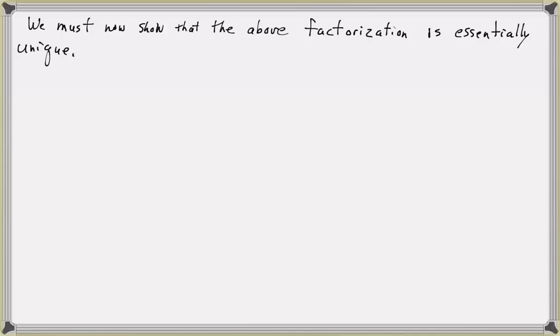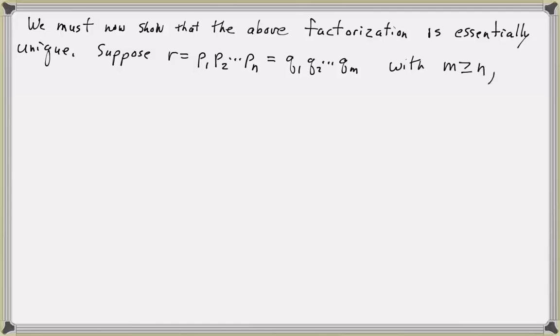So let's suppose we have r as two different products of irreducibles. So let's suppose r equals a product of irreducibles p1, p2, up to pn. And let's say this equals q1, q2, up to qm. Further, we're going to assume that m is greater than or equal to n, and all the p's and all the q's are irreducible.